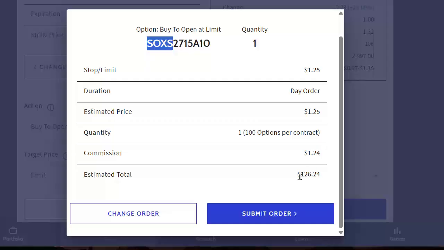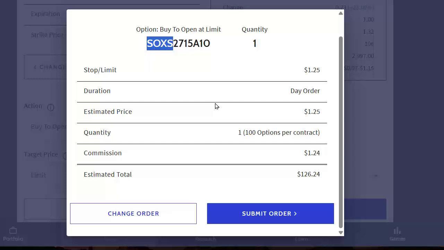Okay, so that's $150 minus $126.34. So that would be $23.76, right? But what if it goes up to $2, right? So that would be 200. That would be $74.76, $73.76. So you could think of this as insurance.